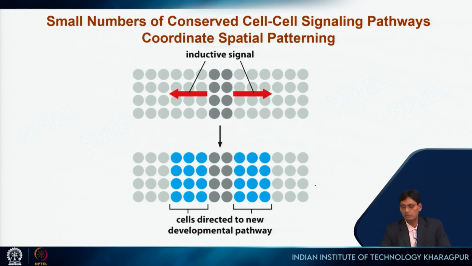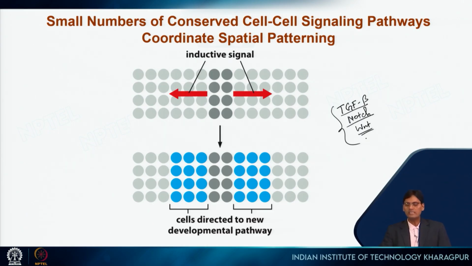For example, I would say TGF beta, notch signaling. So these are very common signaling pathways. Those are conserved in many animals.